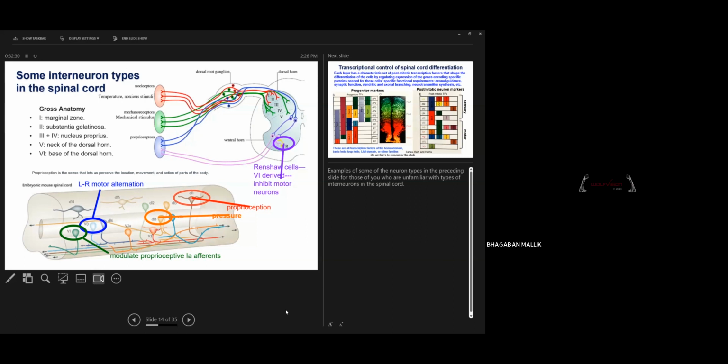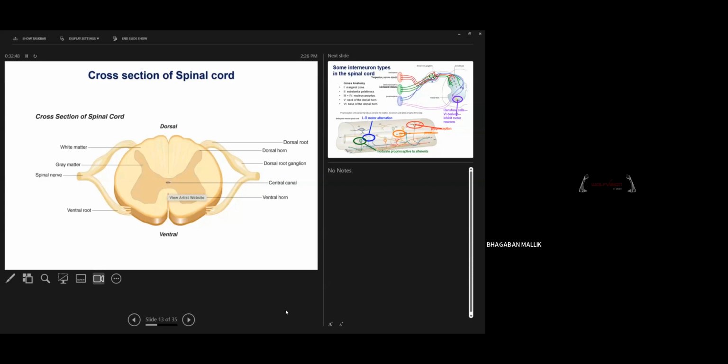So you have layer 1, which is the marginal zone. This is a cross section of the spinal cord. You have substantia gelatinosa in layer 2, then layer 3, layer 4, layer 5, and layer 6. Layer 6 is the base of the dorsal horn, and layer 5 is the neck of the dorsal horn. So this is the dorsal horn, and this is the ventral horn.